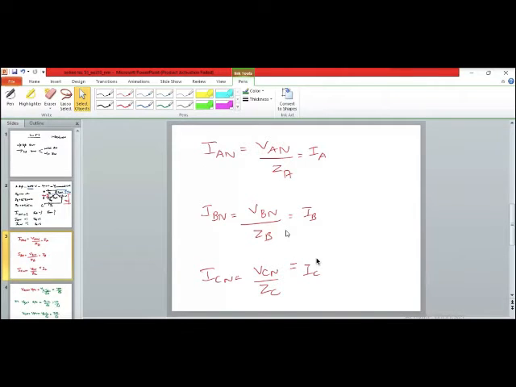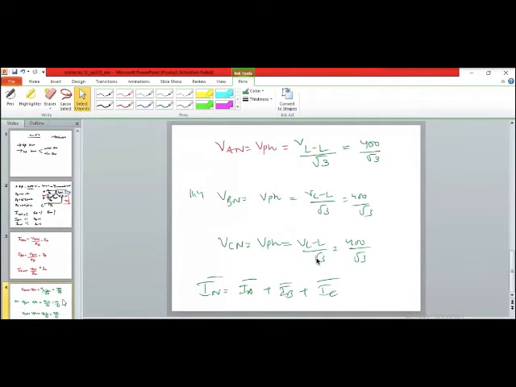Okay? So solve for VAN, VBN, VCN quickly. You can take A phase as the reference. So the phase will be angle 0, this is minus 120 and this is minus 240.